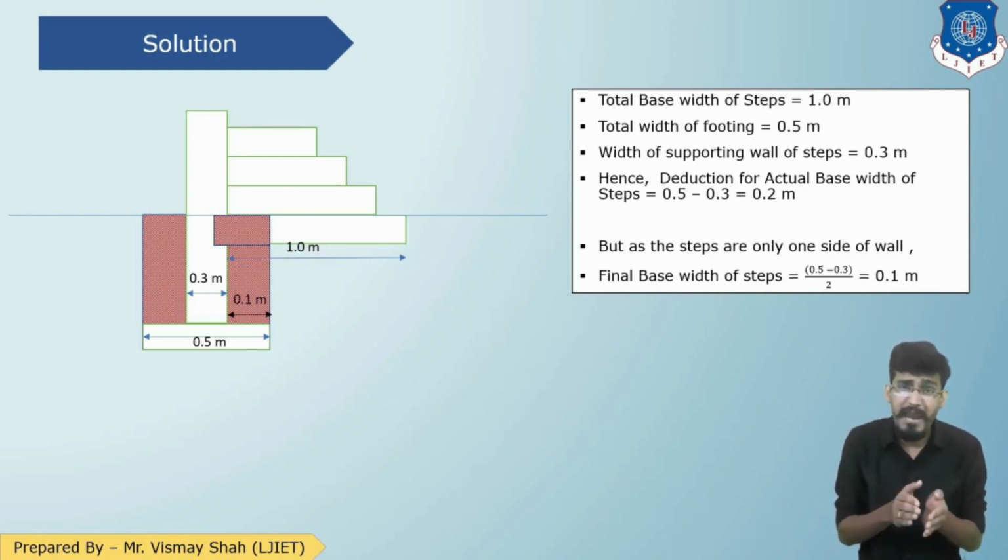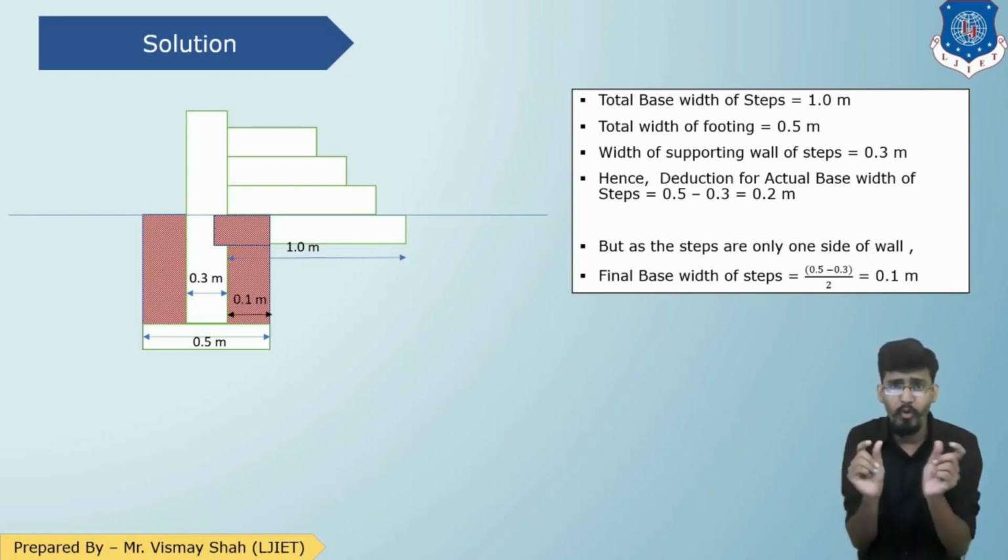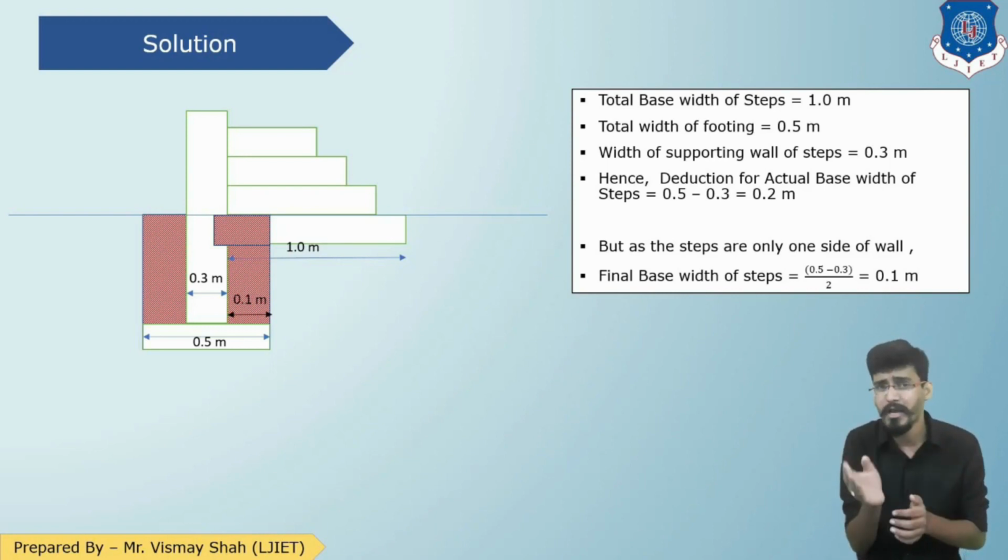But the steps are only on one side of the footing, so I only need to deduct from one side. So 0.2 divided by 2 is 0.1. So we got the answer as (0.5 minus 0.3) divided by 2.